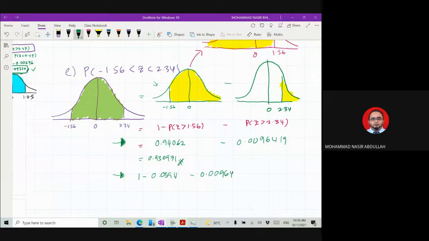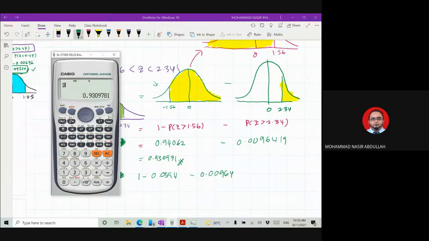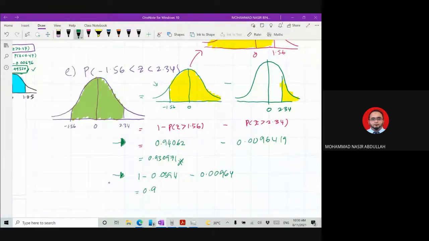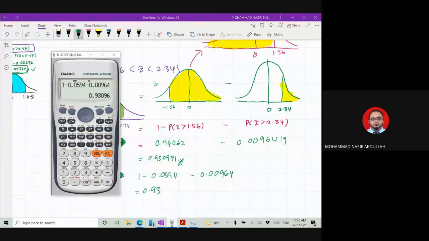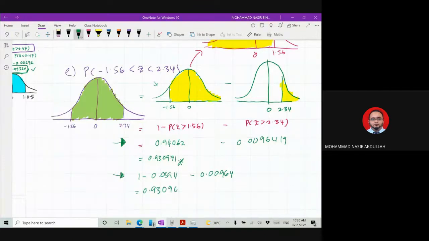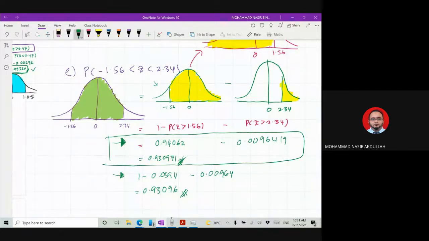So if you look at the calculator, 1 minus 0.0594 minus 0.00964. So it should be 0.9309096. So still give us the same answer lah, right? So this is the hard way of using calculator.